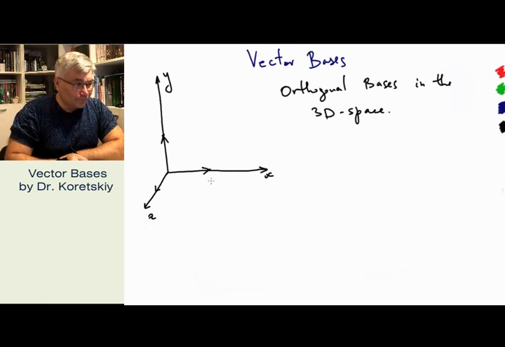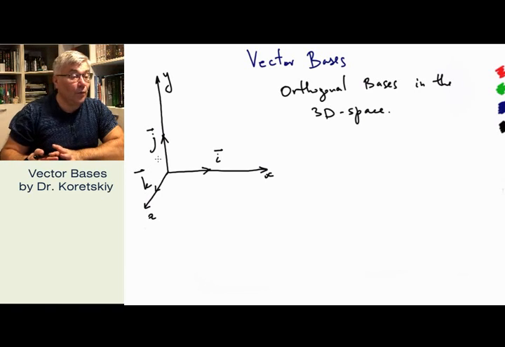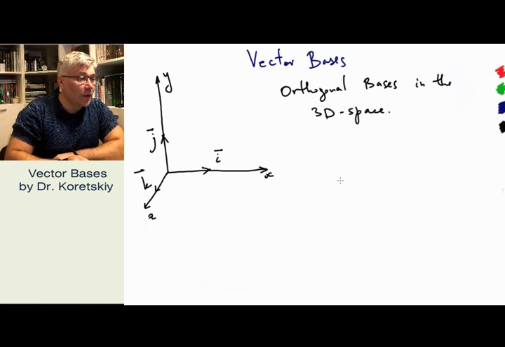Look, I can introduce three vectors in the directions x, y, and z. The very popular denotation of these vectors, but you can pick any way you like, is i vector, j vector, and k vector.